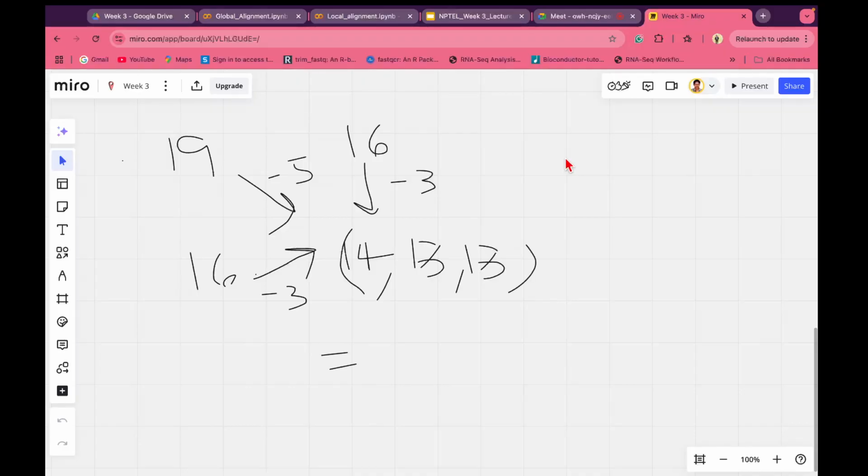So the maximum value of these three is 14. So in this corresponding cell, the value is 14.